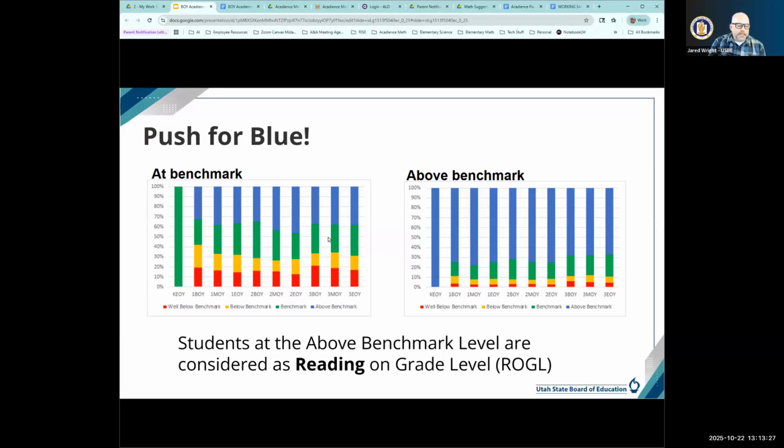Then you have that set of kindergarten students at the end of the year that achieved above benchmark, and looking at their scores between first grade and third grade, there's a lot more at benchmark level. So we're trying to get students to be above benchmark if possible.